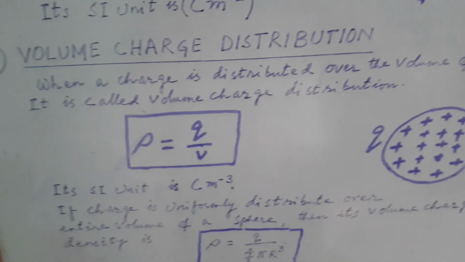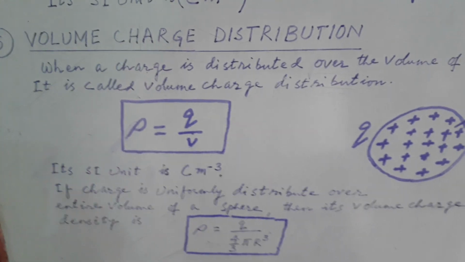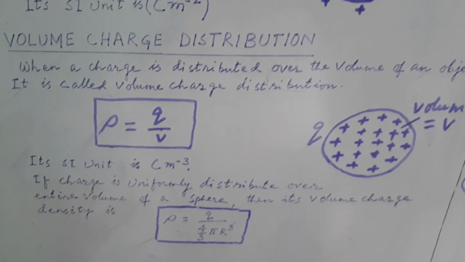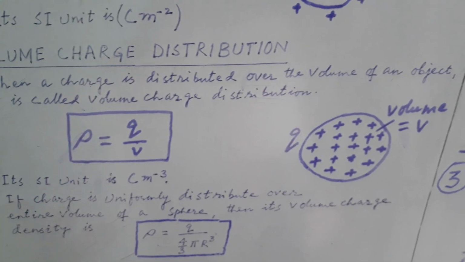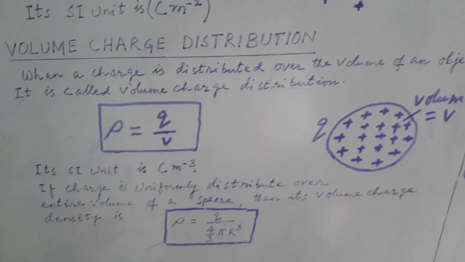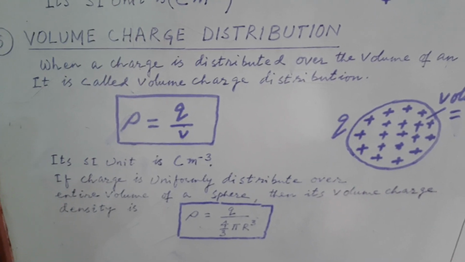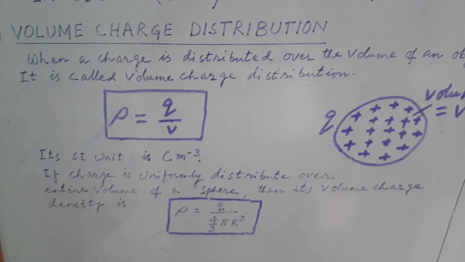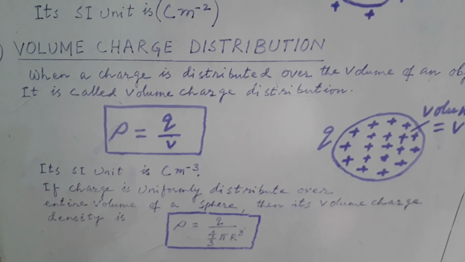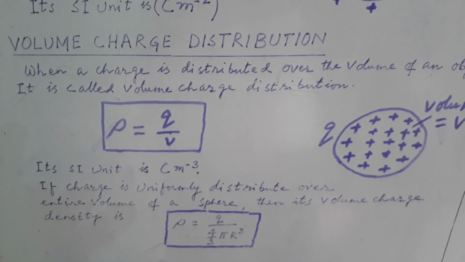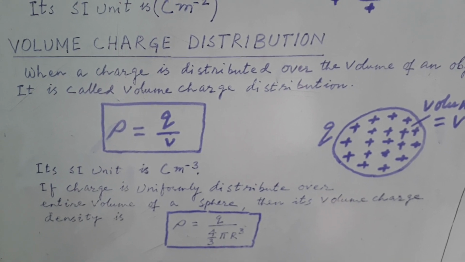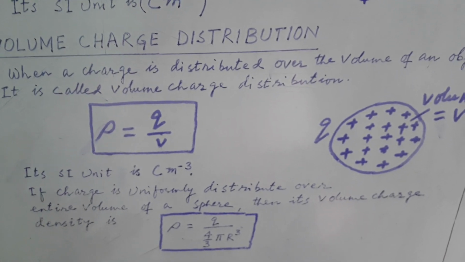Now third is volume charge distribution. When a charge is distributed over the volume of an object, it is called volume charge distribution, and its symbol is rho, and rho is written as Q by V, that is charge per unit volume.